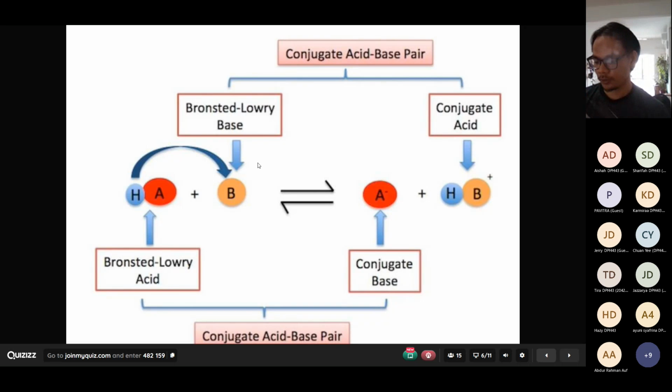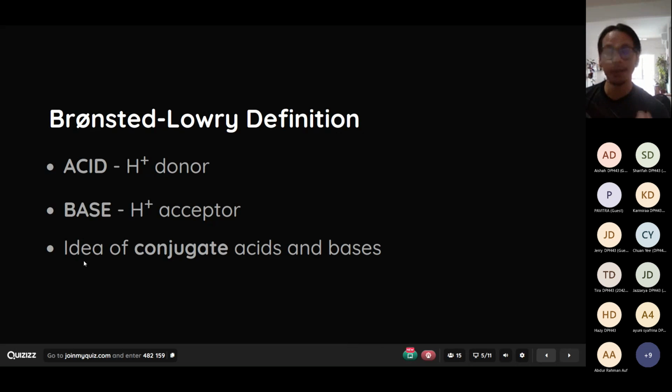Okay. And also, if you look at the slide, point number 3 is that it introduces the idea of conjugate acids and bases. So, as I said earlier, Bronsted and Lowry complete the definition of acid and base. Arrhenius did not say anything about what conjugate acid and base are. So what is it?